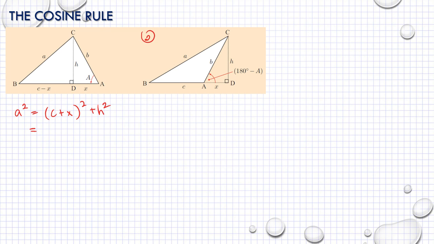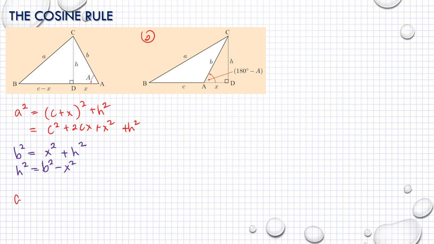If we expand that, that is C squared plus 2CX plus X squared plus H squared. We don't need H, that's why I'm going to find the value of H. So we have B squared is equal to X squared plus H squared. So we have H squared is equal to B squared minus X squared.